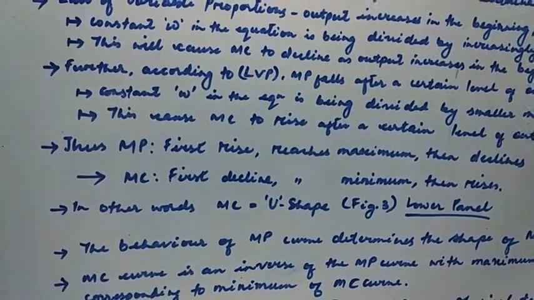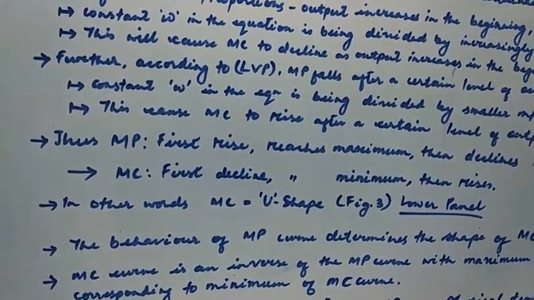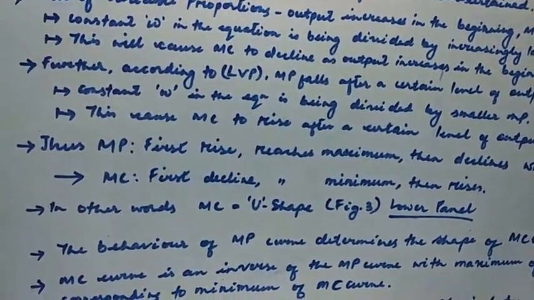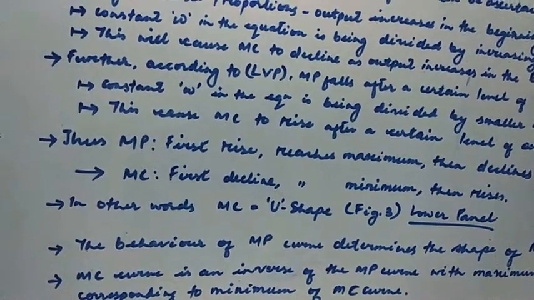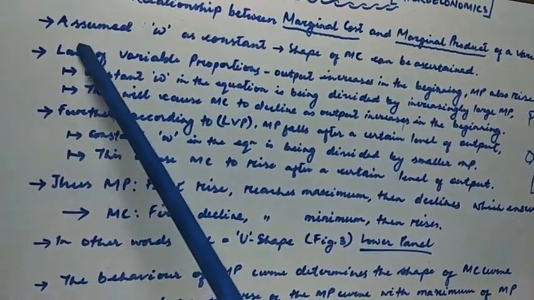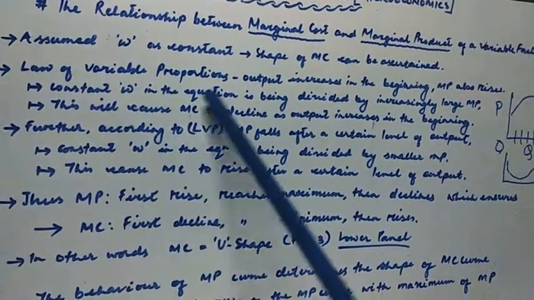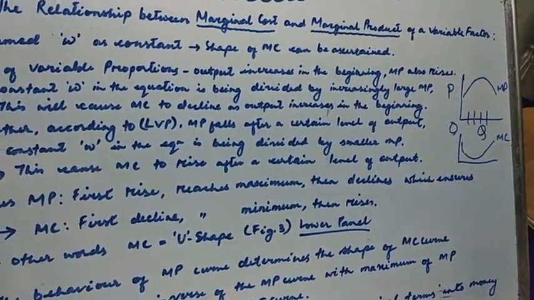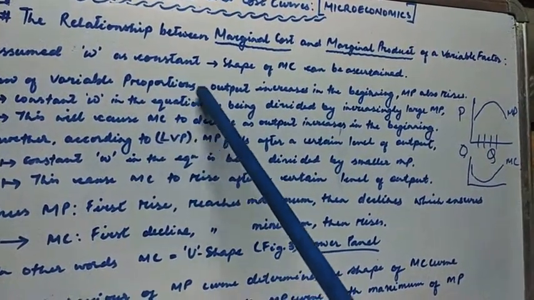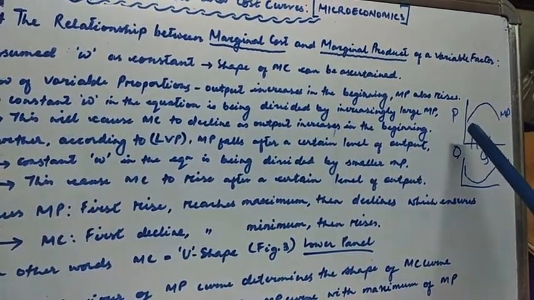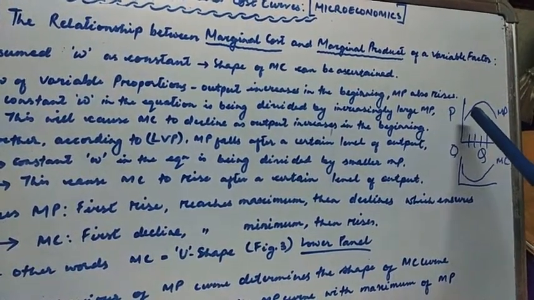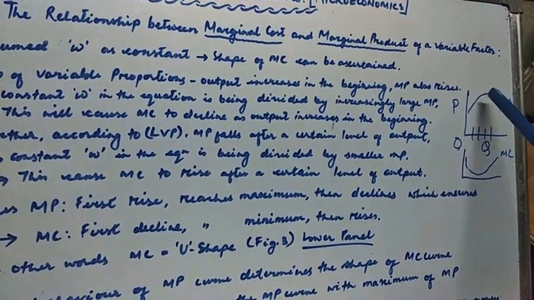Secondly, the shape of marginal cost is determined by the law of variable proportion. Because as we have said, according to the law of variable proportion, in the beginning, as output increases, marginal product will increase, and after reaching a maximum point, it will decline.